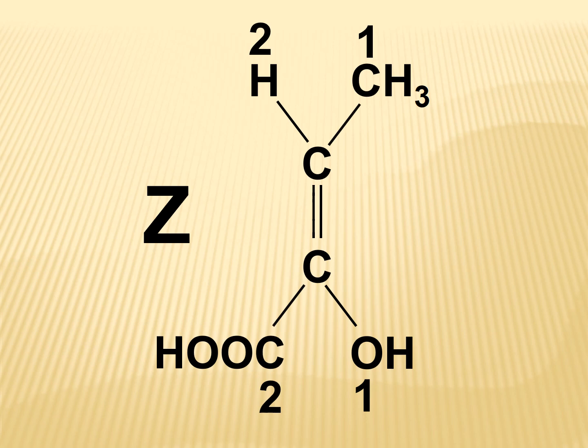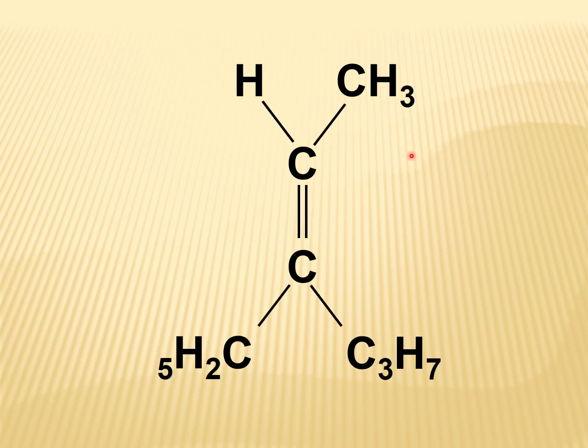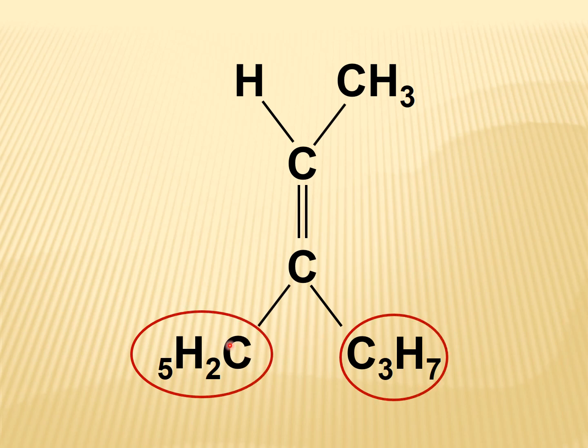Okay. Now the third example. This is a little bit complicated example because you have some larger functional groups here. So on this side you have C3H7 and on this side you have C2H5. You have to assign priority, which has higher priority. So first you have the first atoms connected, which are carbon, then you have to look at the second atoms and then the third atoms.